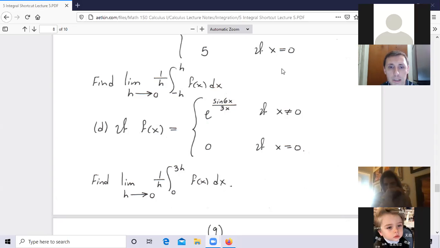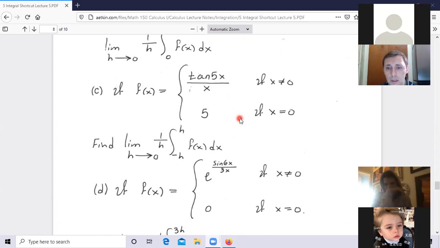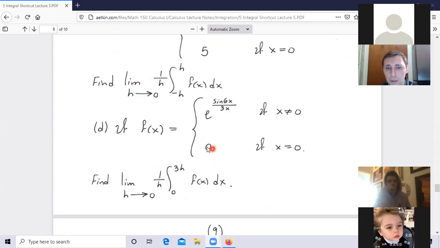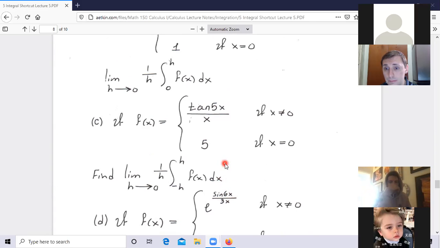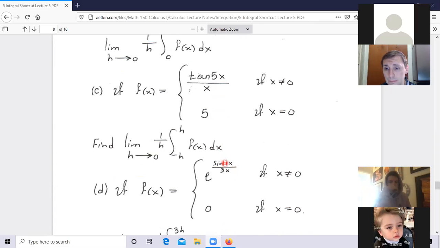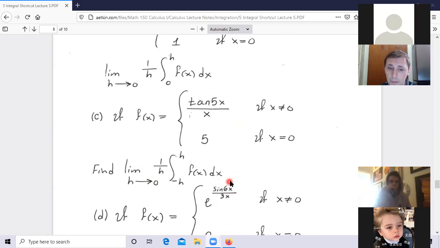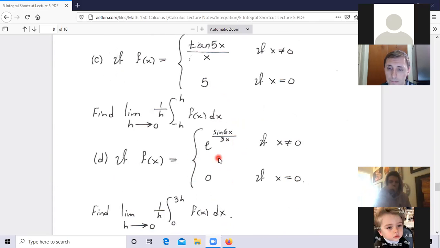Okay, Lisha says 0. Careful, think about it. So there is a value 0 when x is equal to 0, and then there is this thing, right? So first ask yourself, is this function continuous? Come on, guys, a little bit more. What can you say? Look at it.